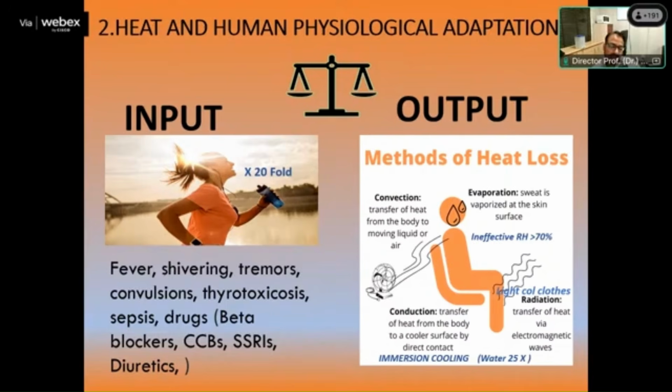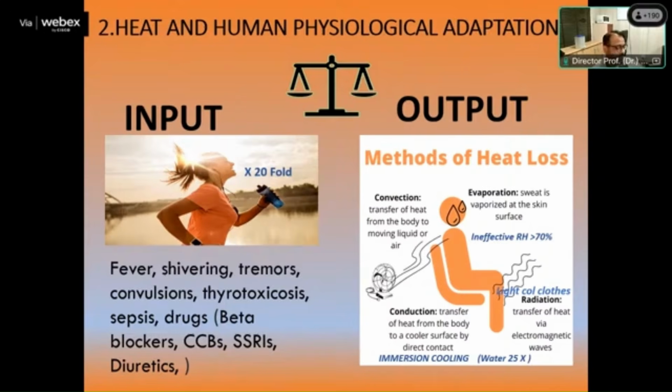And there is one mechanism, conduction, which contributes a very minuscule amount in normal day-to-day life. But when it comes to cooling strategies, this becomes the most important because it is a very fast rate of cooling of the human body, this conduction method. And we will delve upon this later in our session.